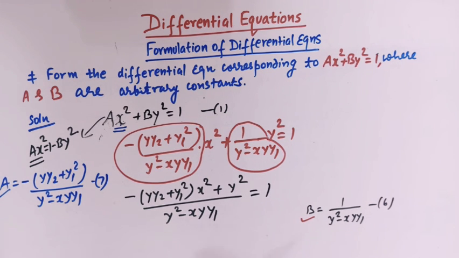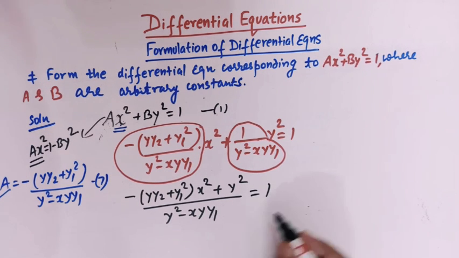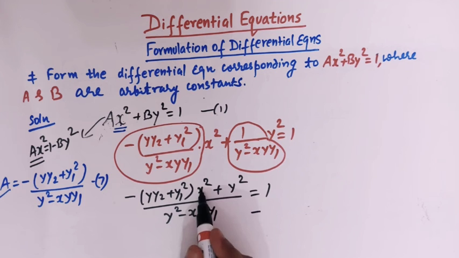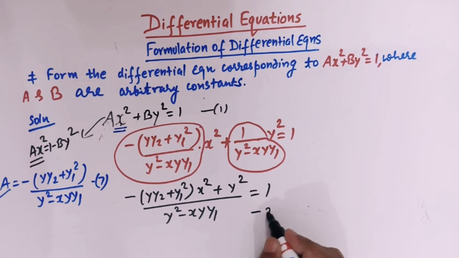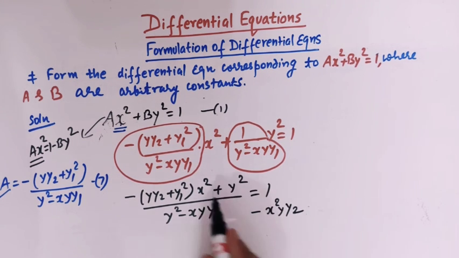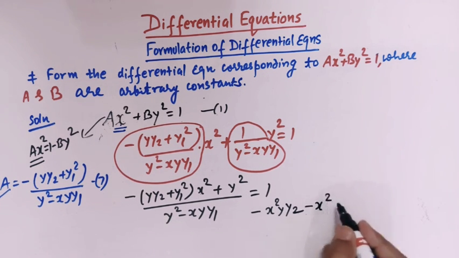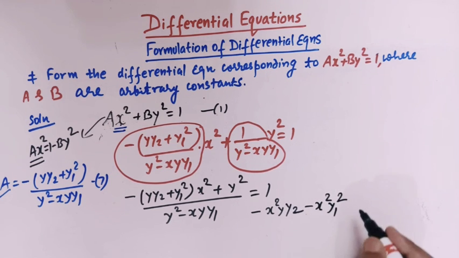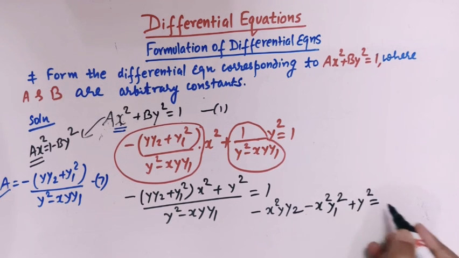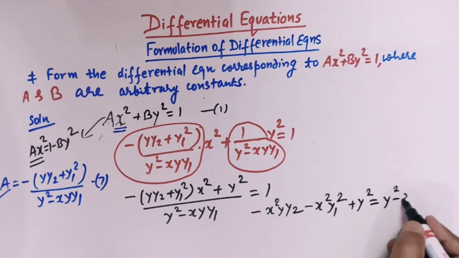Now what we will do, we'll take this denominator to the other side, multiplying these two terms by x², so we have -x² y y2 - x² y1² + y² = y² - x y y1, right?